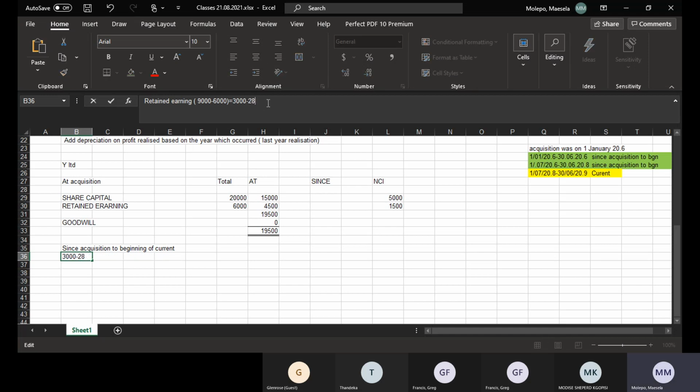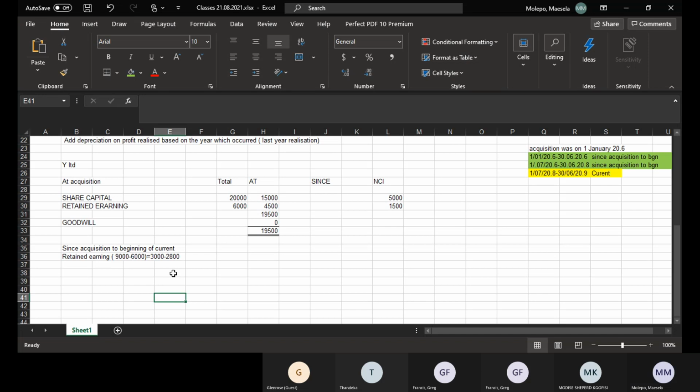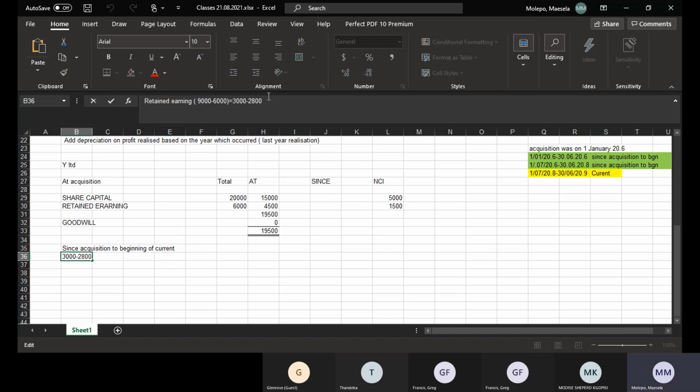So our retained earnings since acquisition will sit on the 3,000 less 2,800, which is now 200.